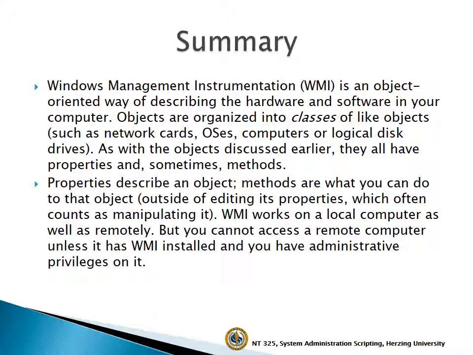As with the objects discussed earlier, they all have properties and sometimes methods. Properties describe an object. Methods are what you can do to that object outside of editing its properties, which often counts as manipulating it. WMI works on a local computer as well as remotely, but you cannot access a remote computer unless it has WMI installed and you have administrative privileges on it.